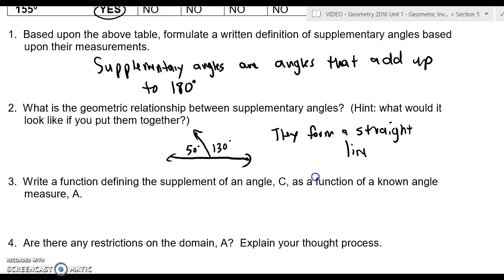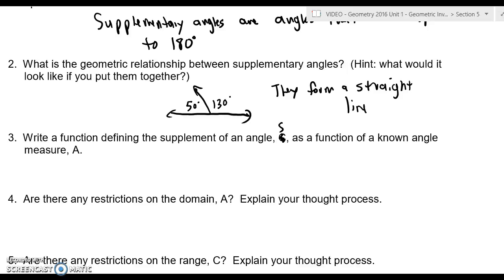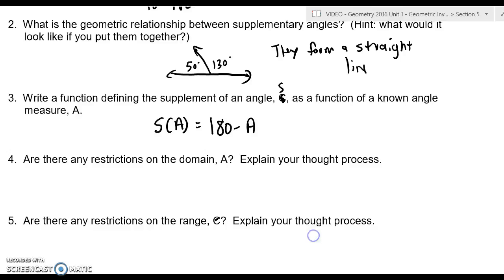All right, and a little typo here, we're going to call this actually S. So write a function defining the supplement of an angle. S is a function of the known angle. So very similar to the complement, it's S of A. This time, instead of 90 minus A, it's 180 minus A. Change that to an S there. 4 and 5, any restrictions on the domain?